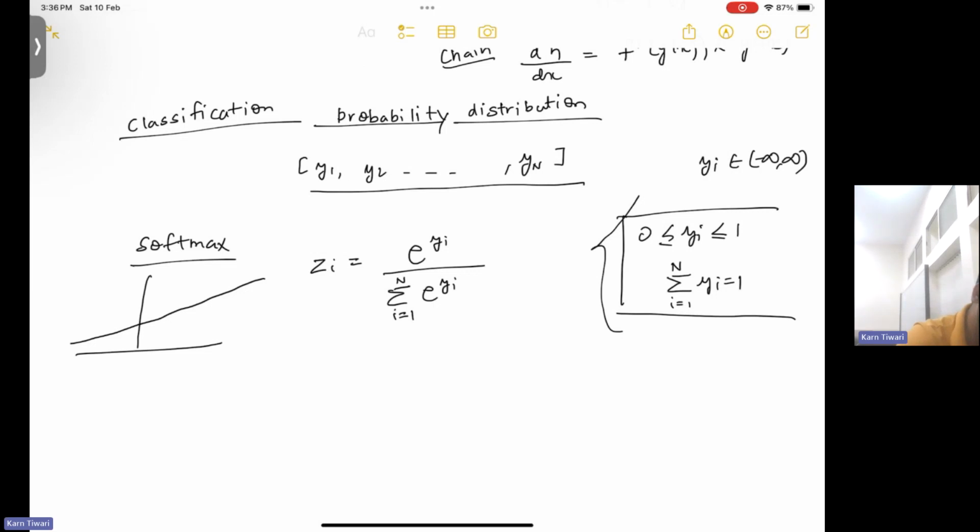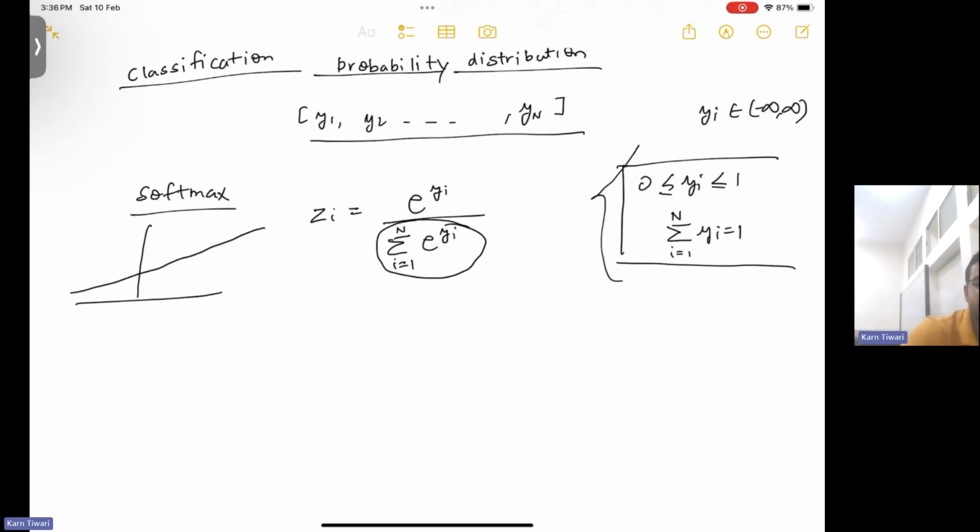That's one thing. So we made sure of the first condition, it's always positive. The second condition, we want to make sure that it should be between 0 to 1 and the summation should be 1. So that's why we raised each element to the power e to the power yi, element wise. Then we divide it by the sum across all the elements in that distribution over the classes. Okay, so this is what is known as softmax.